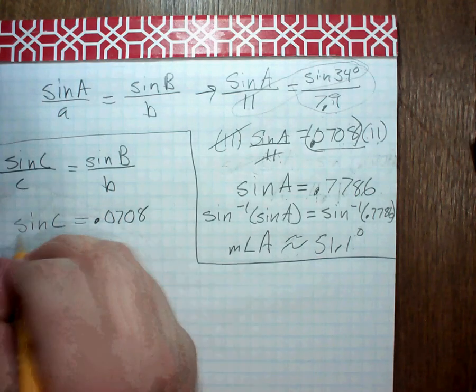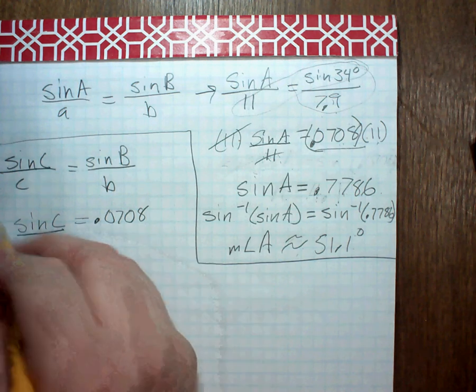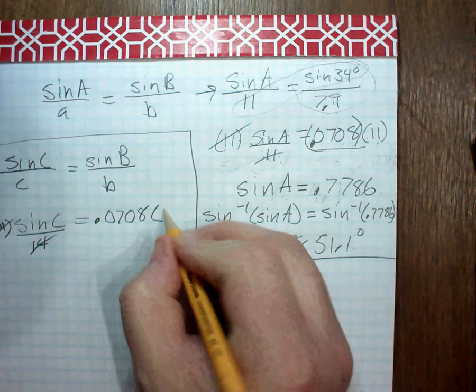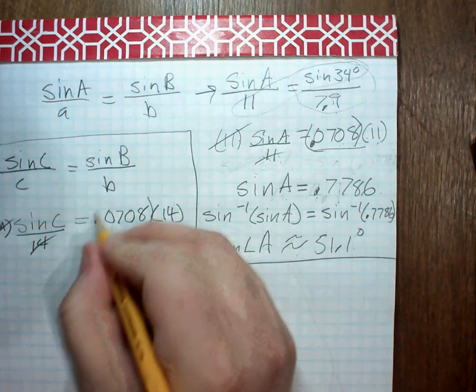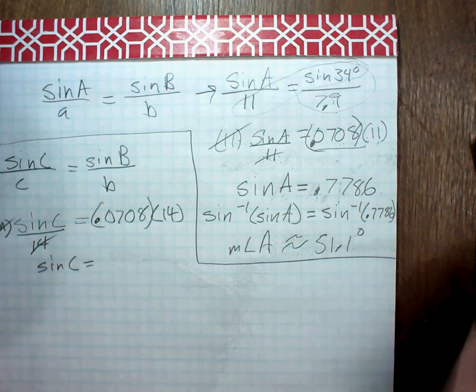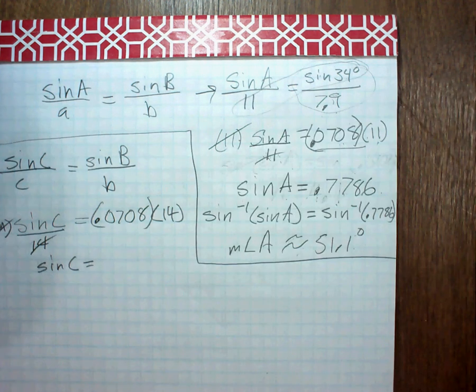So I didn't forget this number down here this time. Again, I'm going to multiply this by 14, so it'll cancel here. Whatever I do on one side, I have to do on the other side. And I get sine of capital C is equal to these two numbers multiplied out, which is 0.0708 times 14.